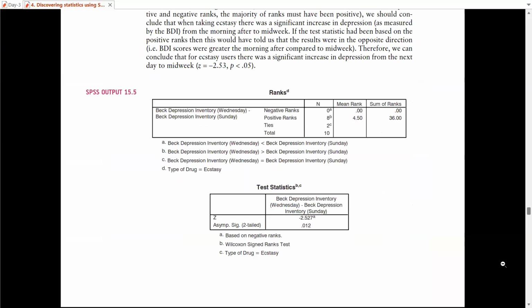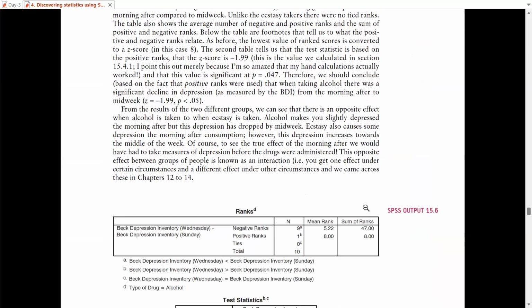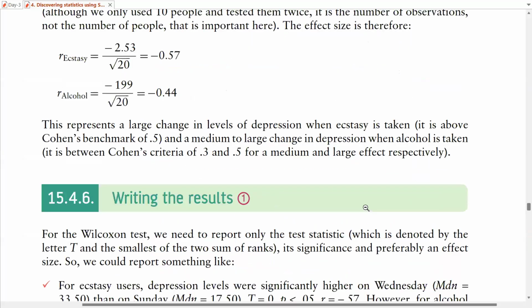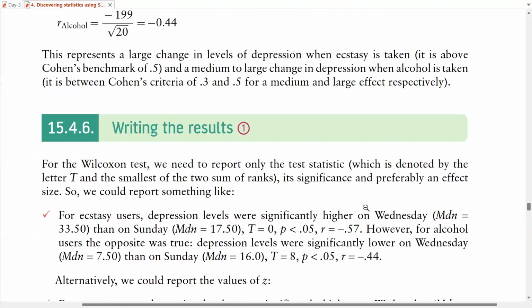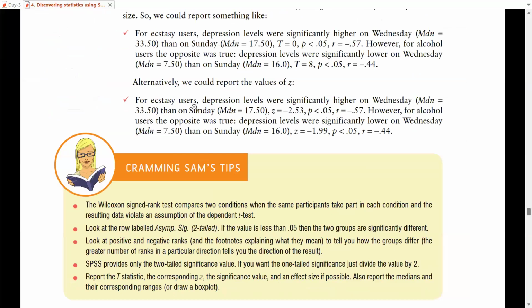This is my result. Writing the results. So how to write the results? You can write this way. For ecstasy users, depression levels were significantly higher on Wednesday than on Sunday.